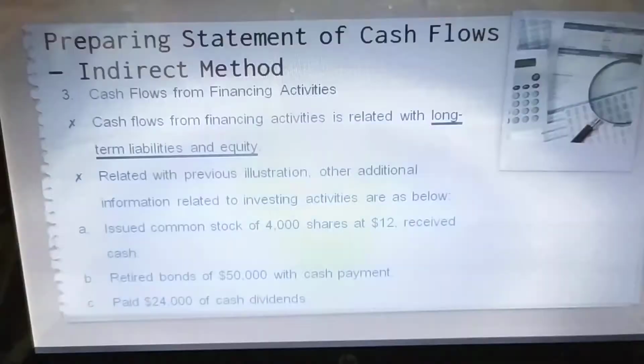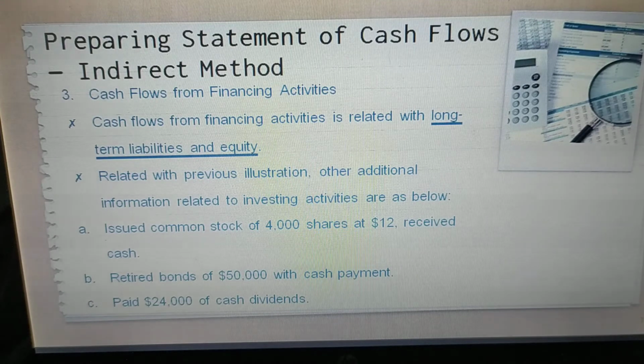Then the third activity is financing activities. Remember, we focus only on the long-term liabilities and equity. Again, we have other additional information.